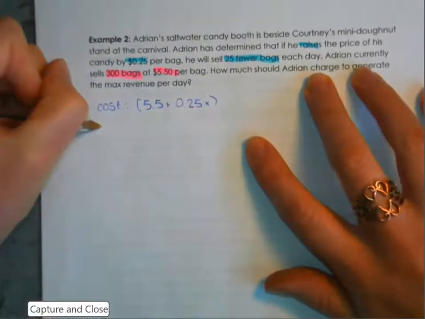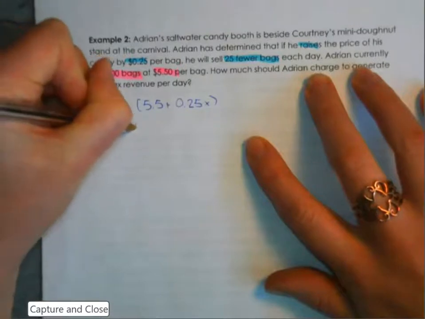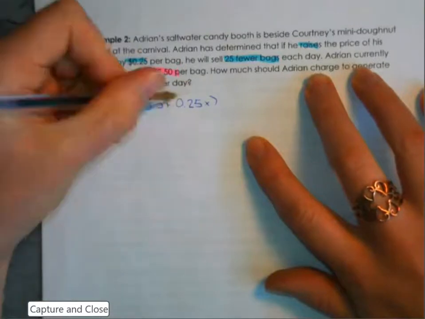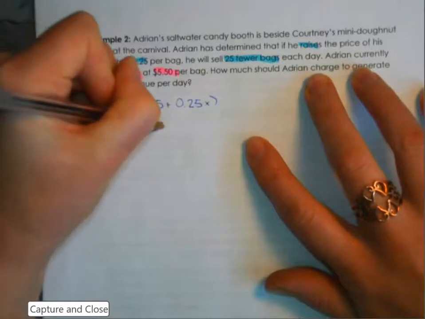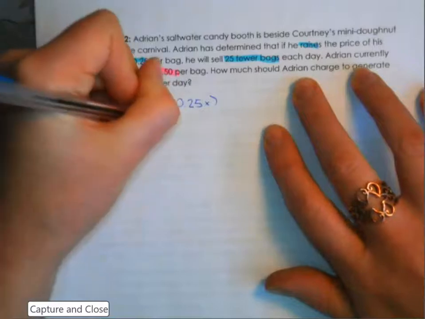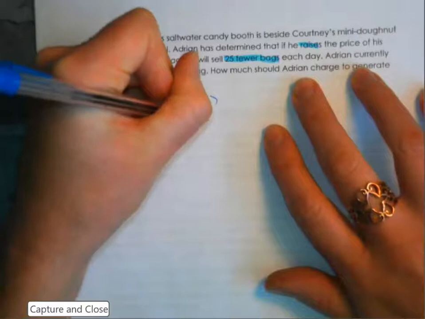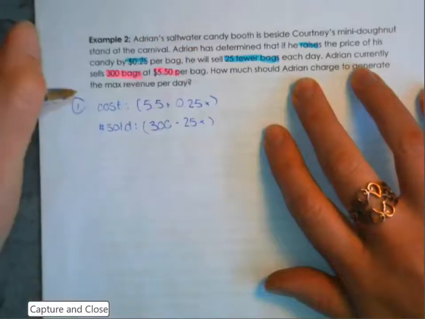The other thing we have is the number sold, and his base value was 300. With each increase he's going to sell 25 fewer, so minus 25 bags times however many increases he does.